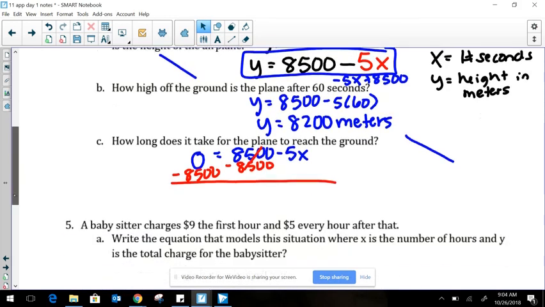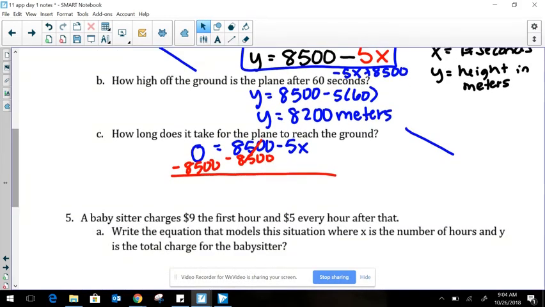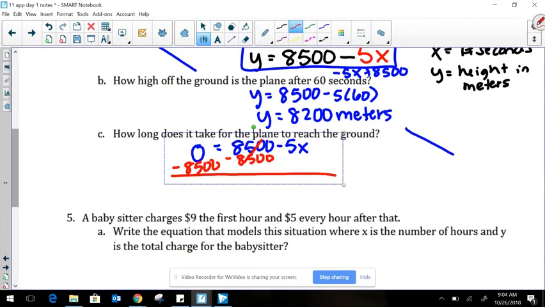Okay, let me scroll up here a little bit. All right, so I have this equation. Now what do? Good, divide by -5. Okay, so x is now equal to, these two negatives cancel to make a positive.